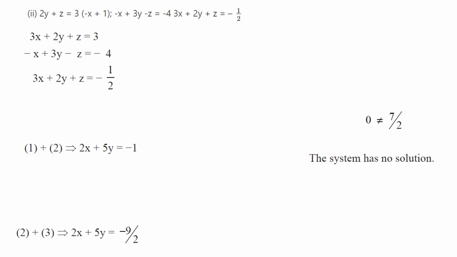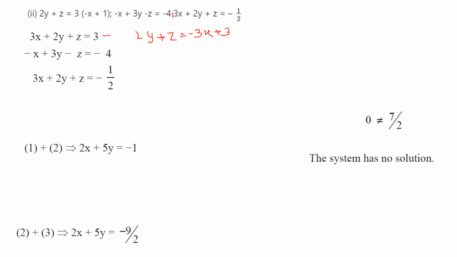Second subdivision: 2y plus z equal to 3 into minus x plus 1; minus x plus 3y minus z equal to minus 4; 3x plus 2y plus z equal to minus 1 by 2. First, 2y plus z equal to 3 into minus x plus 1. So we can write it as 2y plus z equal to minus 3x plus 3.